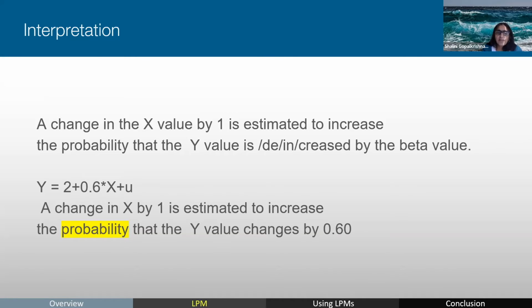We've given an example here: a change in X by 1, whatever that variable is, is estimated to increase the probability that Y changes by 0.6. So it's the probability that we're actually looking at.